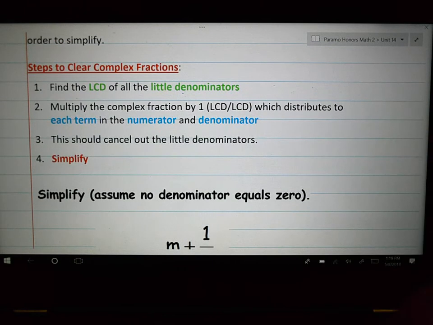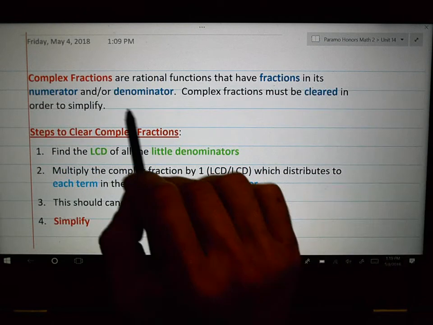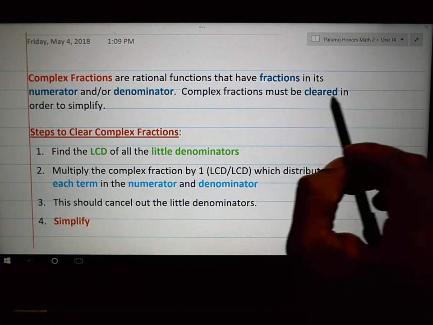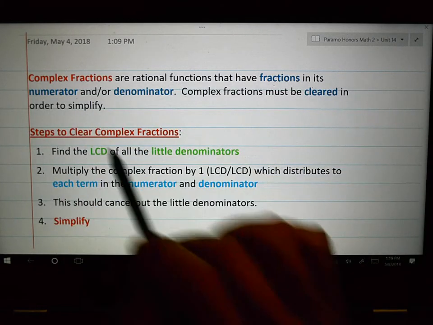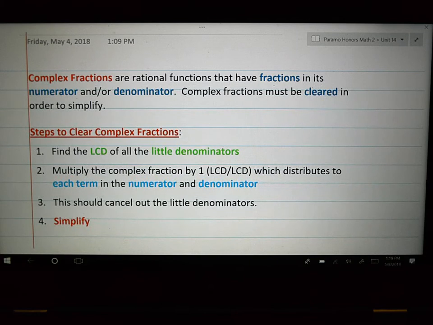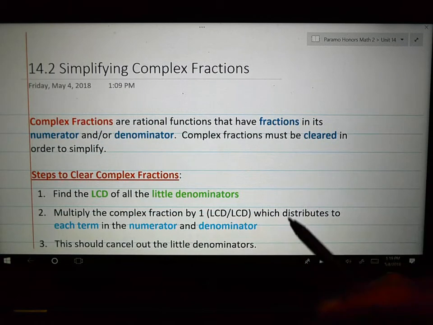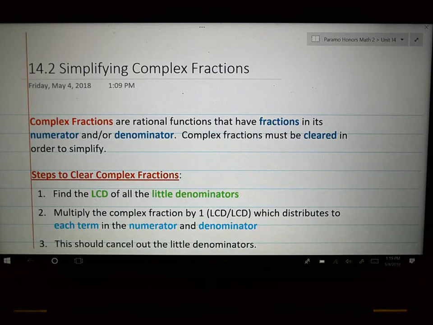If there is at least one of them, your job will be to clear the complex fraction in order to simplify the problems. So all of these are going to be expressions, and they're going to be things that you're going to have to reduce.